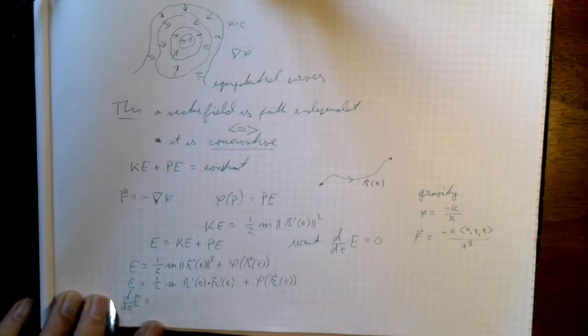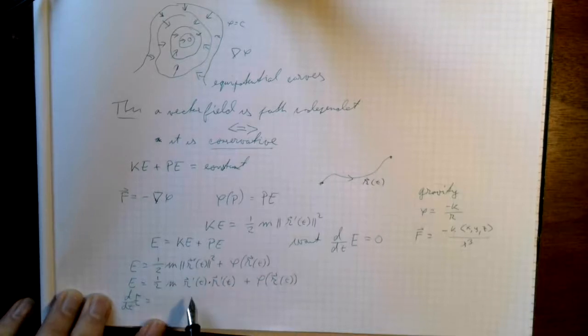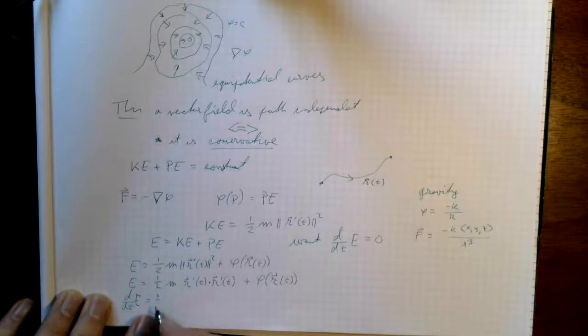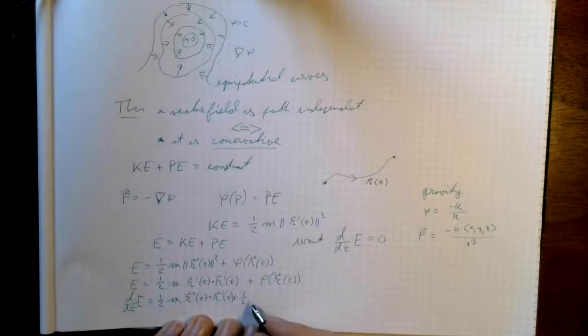If you remember from when we were doing calculus, the dot product still has the product rule. So this is 1/2 m r double prime of t dot r prime of t, plus 1/2 m r prime of t dot r double prime of t.